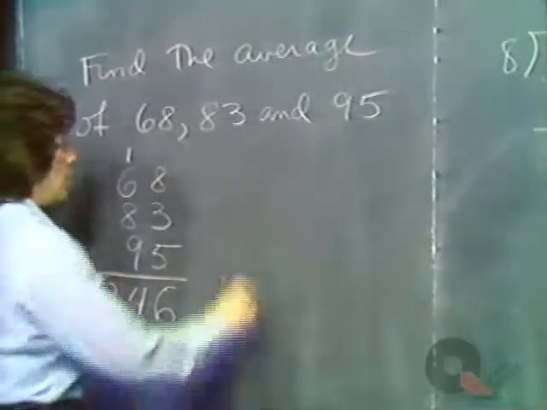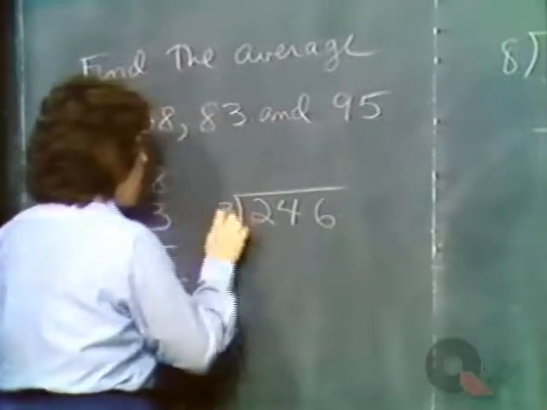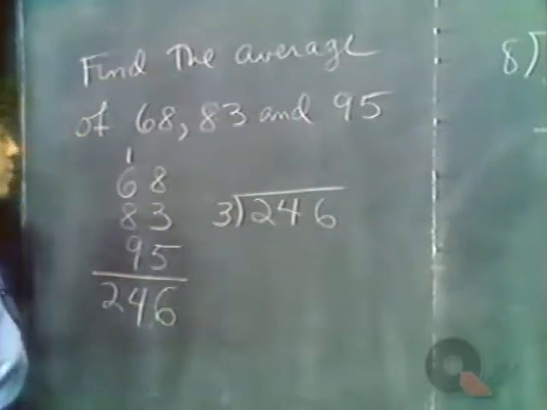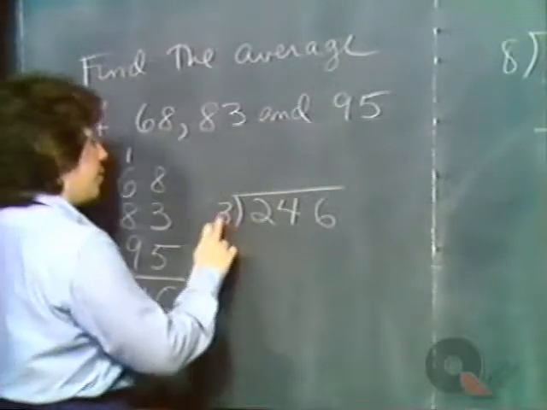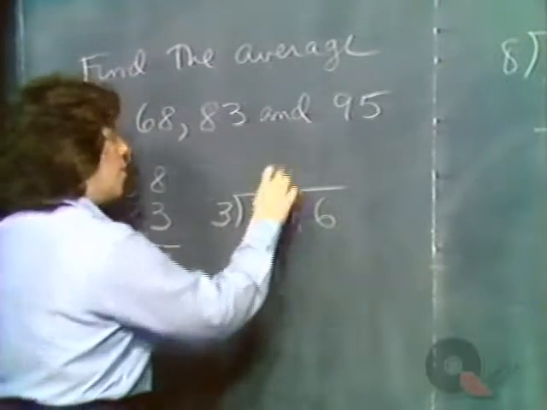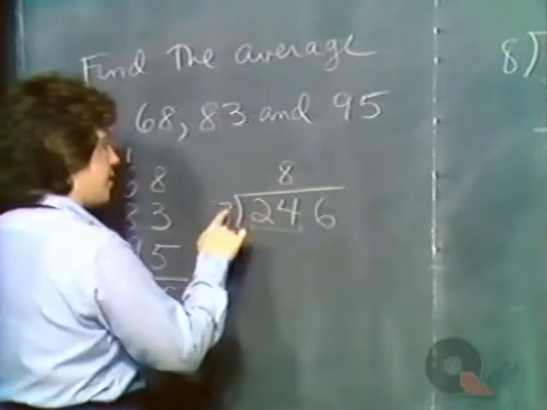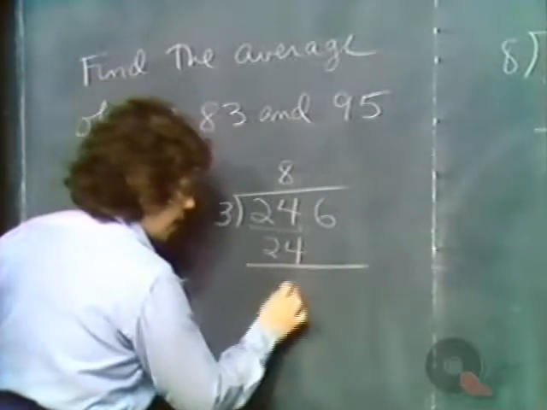We get 246, and we then divide 246 by the amount of numbers. There were 3 numbers. How many times does 3 go into 246? Well, 3 does not go into 2. The first thing is, 3 goes into 24. We put the 8. 8 times 3 gives us 24. We subtract, we get 0.